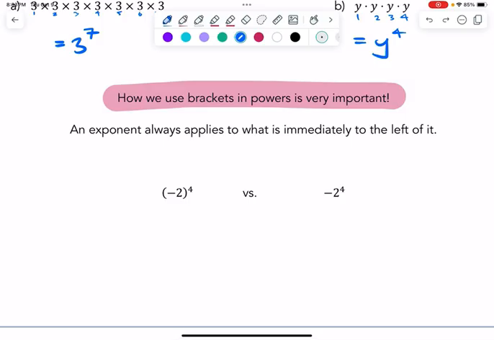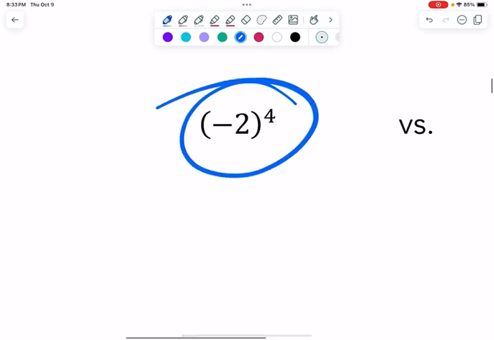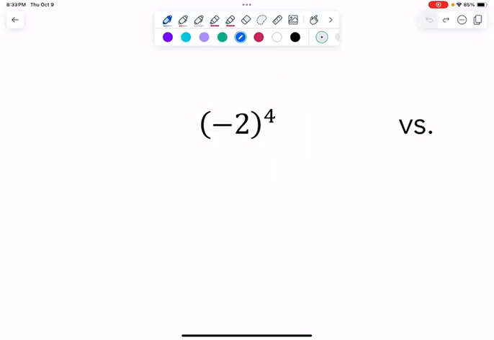When we look at this, this says -2 to the power of 4. Said out loud like that, it doesn't really make it clear what's going on. Written like this, we can see that this 4 applies to whatever is in this bracket. That's what it's immediately to the left of it. And that bracket pairs with this other bracket.